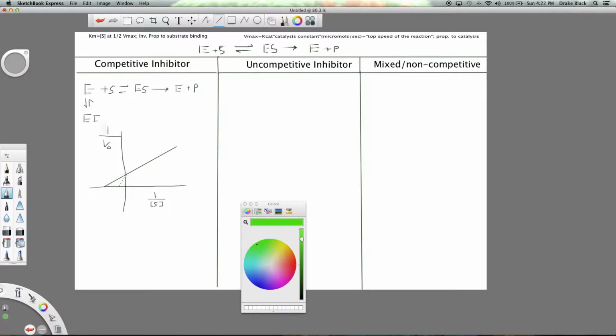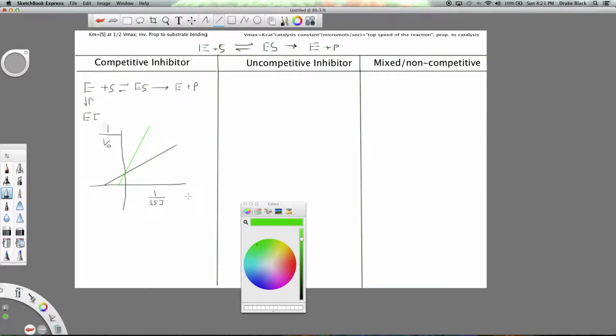So with the inhibitor, what you're going to see is it's going to have the same Vmax, but different Km values. So that's how you know it's going to be a competitive inhibitor, if the one half Vmax is the same, and the Km values are different.